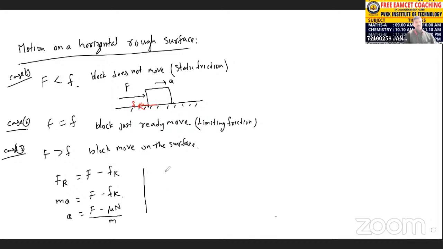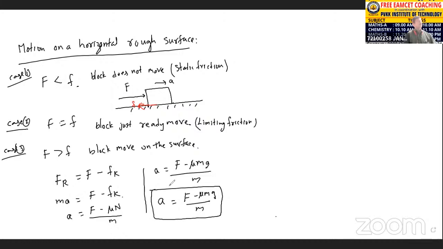So acceleration A is equal to F minus mu into mg, divided by m.